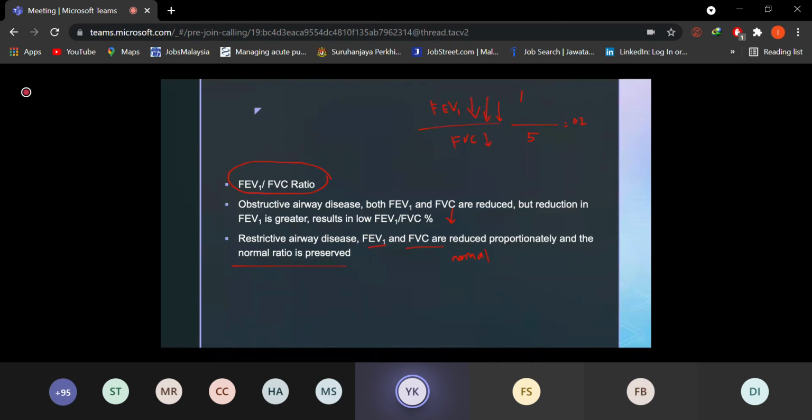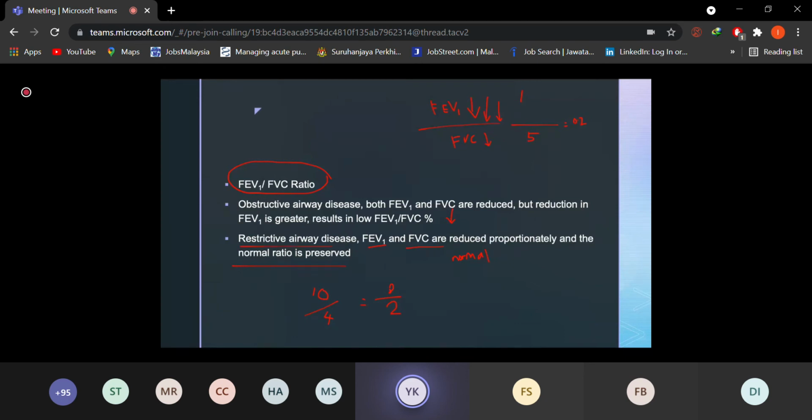Normal is like 10 over 10, or 4 over 4, for example, example only. But then they reduce proportionally: I reduce 2, I also reduce 2. It's something like this. So the FEV1 and FVC ratio is still considered normal in restrictive disease.